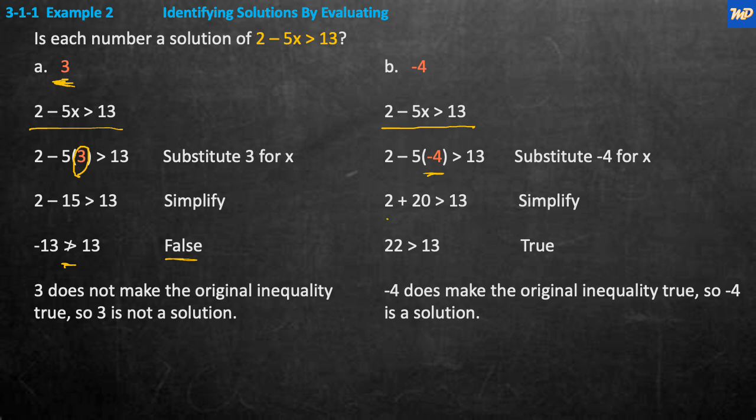We simplify: negative 5 times negative 4 is positive 20. 2 plus 20 is 22. And is 22 greater than 13? Yes, it is true. Negative 4 makes the inequality true. So negative 4 is a solution.